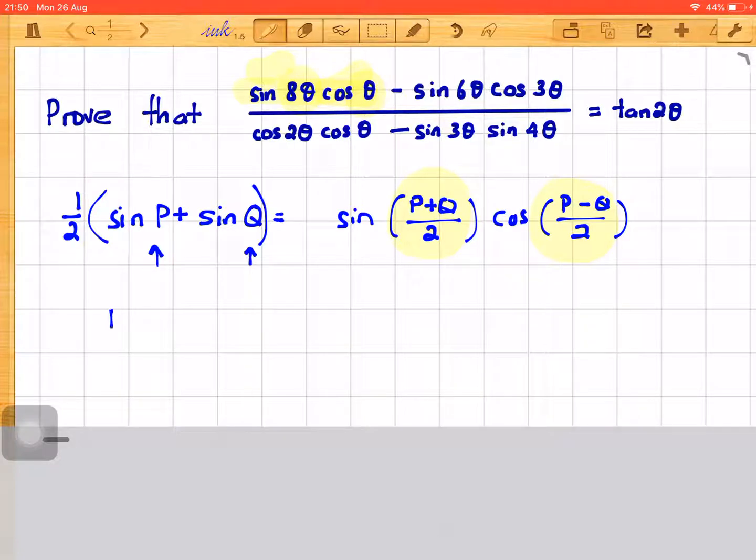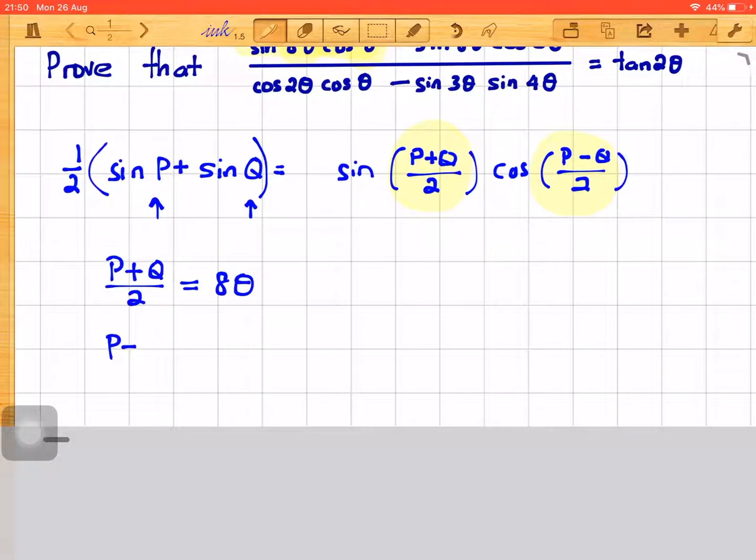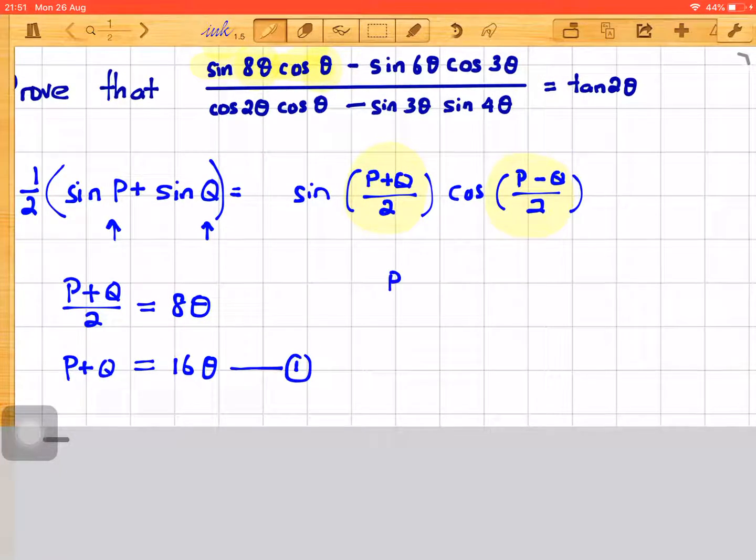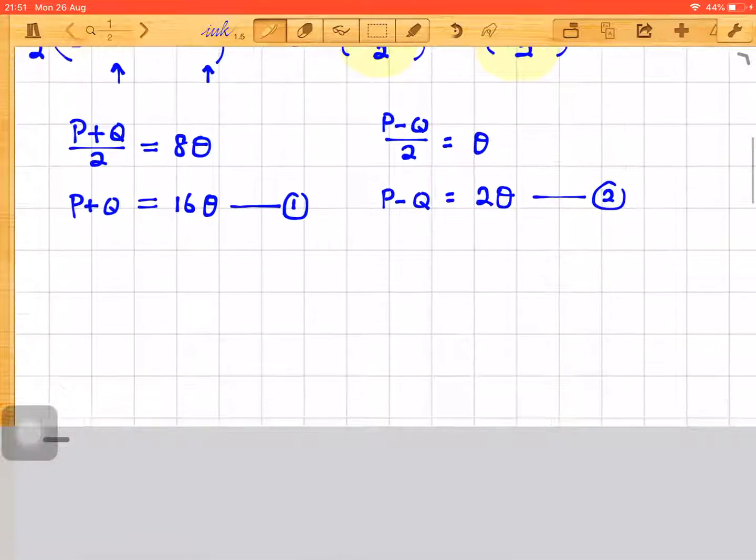So you have (p plus q) over 2 is equal to 8 theta. P plus q is actually 16 theta, your equation 1. The second one is (p minus q) over 2 equals theta. So you will have p minus q equals 2 theta, equation 2. Solve the simultaneous equations.